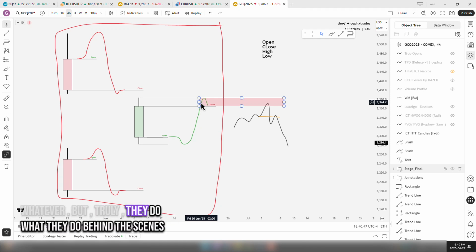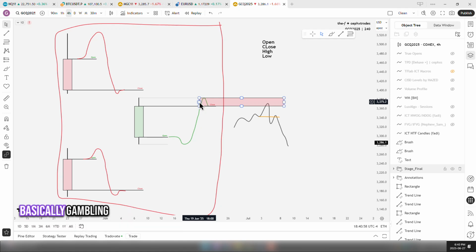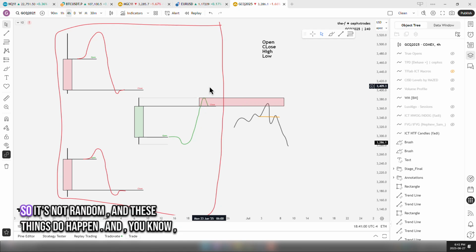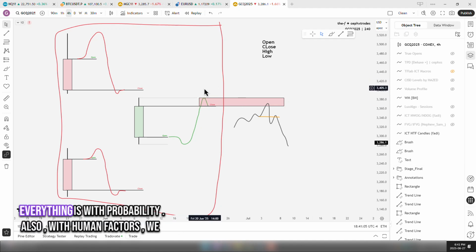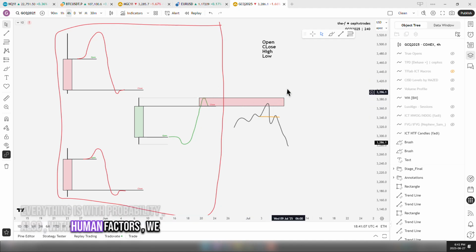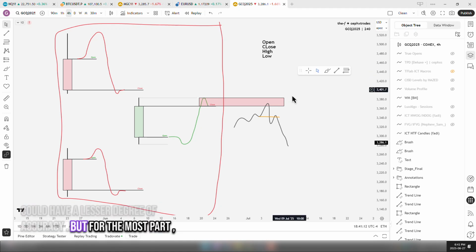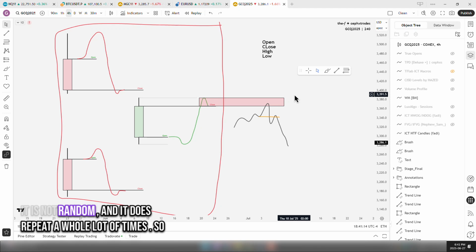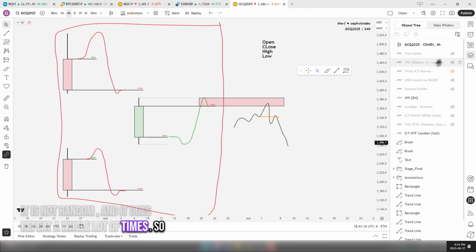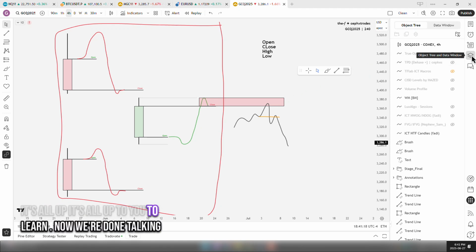But truly, they do what they do behind the scenes where you don't see it, and they trade those exact same things that they tell you to stay away from because it's random. It's basically gambling. So it's not random, and these things do happen, and everything is with probability. Also with human factors, you could have a lesser degree of accuracy, but for the most part, it is not random, and it does repeat a whole lot of times. So it's all up to you to learn.